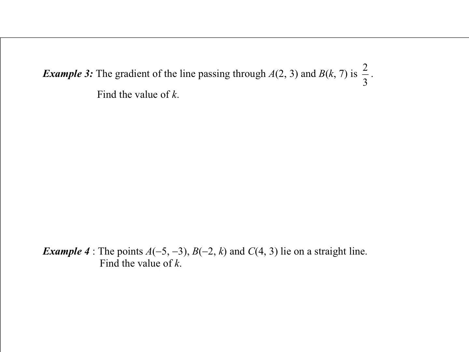Okay, this is also what you have learned before in lower sec, just that now they give you the gradient, they ask you to find the coordinate. So they say gradient of the line AB is 2/3. So if we find gradient, it will be y2 minus y1 over x2 minus x1. So it is just solving an algebraic equation.